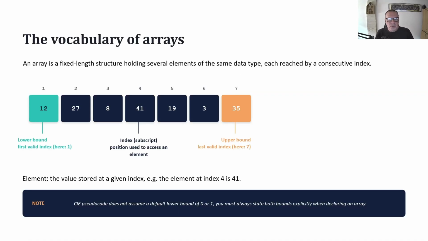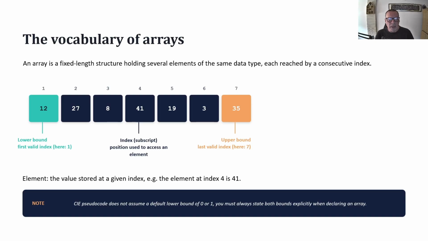So some of the terminology we use with arrays, and a definition to start with. An array is a fixed length data structure that holds several elements, but of the same data type, and each is reached by a consecutive index.